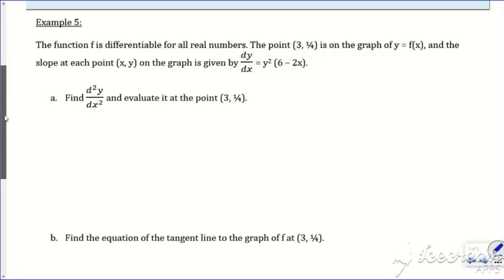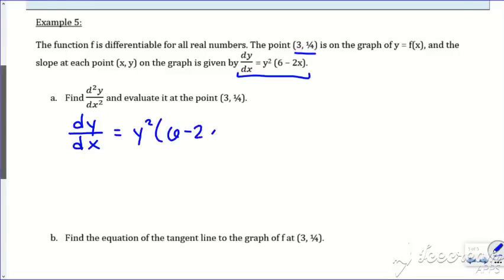So they've given us f is differentiable for other numbers. The point (3, 1/4) is on the graph of f, and the slope at each point is given by the, wow, they already took the first derivative for us. Okay? So to get to the second derivative, all I have to do is take the derivative of dy/dx. So let's write that out. dy/dx equals y squared times (6 minus 2x).